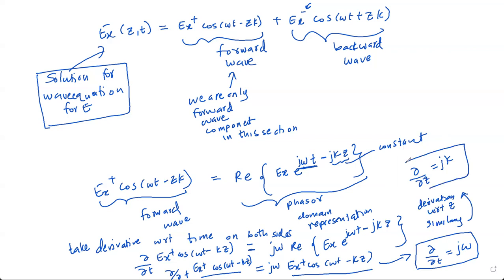This is the derivative that we get with respect to z, where z is the displacement, or the distance traveled, along the z axis. So this is the second conclusion. The first conclusion is that the derivative with respect to t equals j omega. The second conclusion is that the derivative with respect to z equals jk.